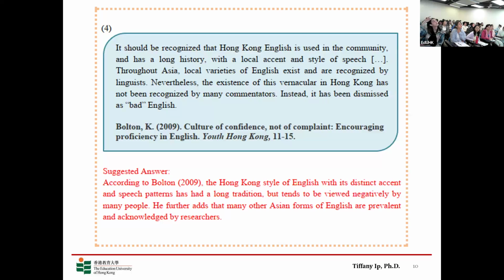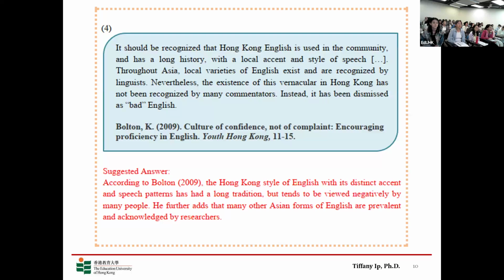Okay, so one more thing is about this part. He further adds that. It's not just for connecting the ideas. Actually, it has the usage of avoiding plagiarism. Because sometimes when you put forward 2 different ideas, and this is addressed by citation, but can you see that the second part has no citation? And people might kind of challenge you. Okay, so is it from your own idea, general knowledge, or is it from certain sources?